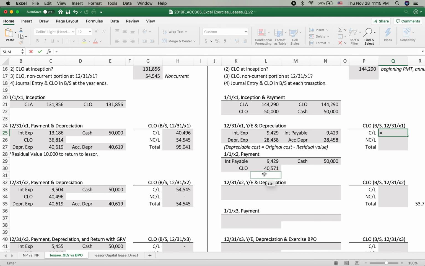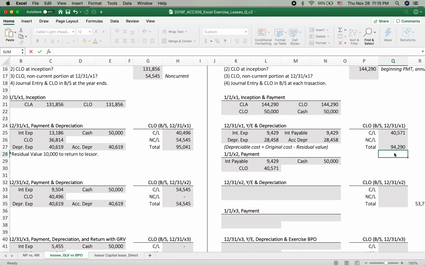So the 40,571. What is the total amount then? Total amount, we started from principal minus capital lease obligation reduced, just this, because we are constructing the capital lease obligation balance sheet at December 31st.